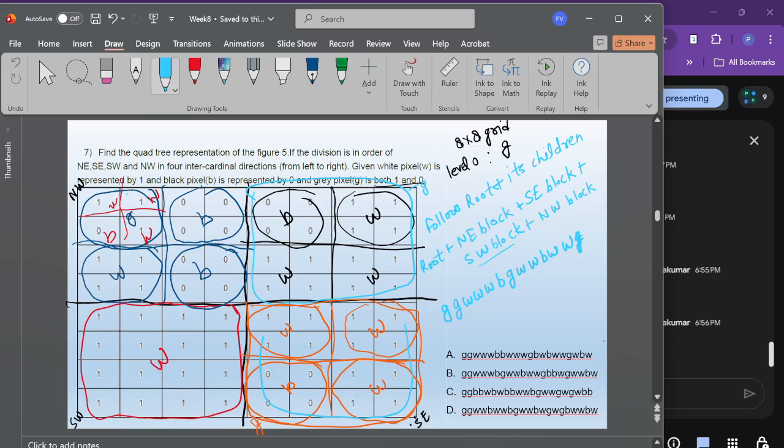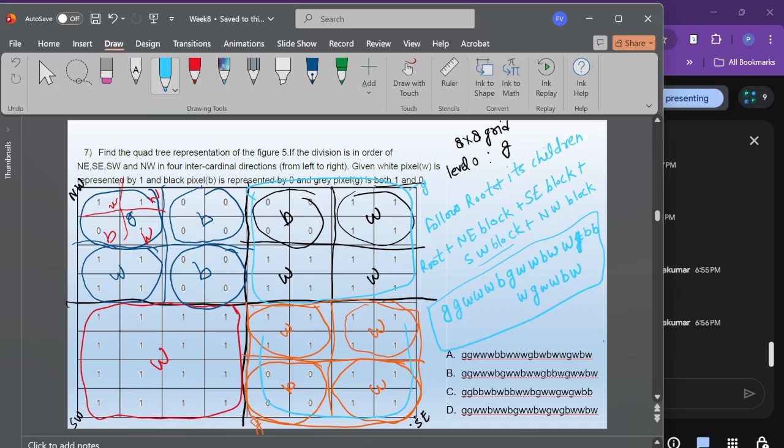So the subchildren are B, B, W, G. I'm just writing here B, B, W, G. Now again, G is the combination of both ones and zeros, right? So now again we need to further divide it. So after further dividing the one cross one matrix, what we are getting? W, W, W, W, B, W. Okay. Now this is our final answer.